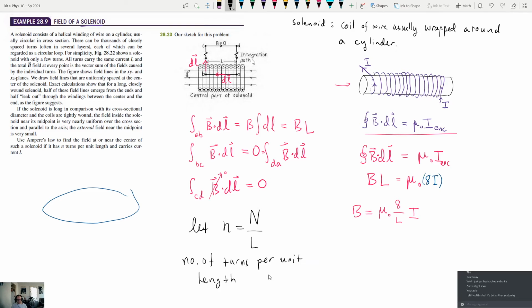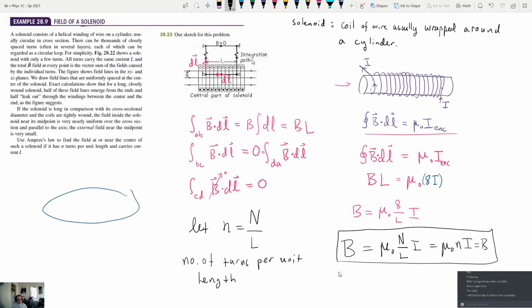Then our equation can just be B is equal to mu naught capital N divided by L times I, or mu naught, I like the second one, or mu naught times little n times I. And that's the magnetic field of a solenoid. And this result, like I said, is really useful.